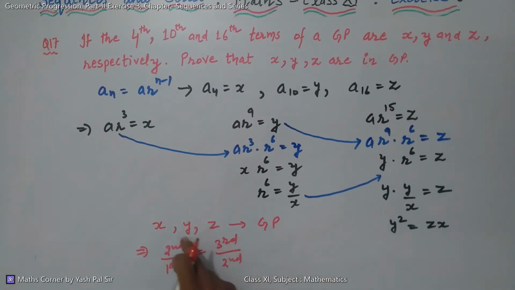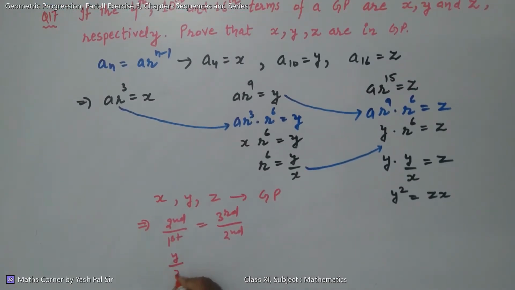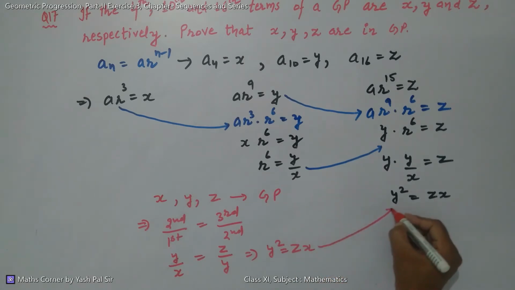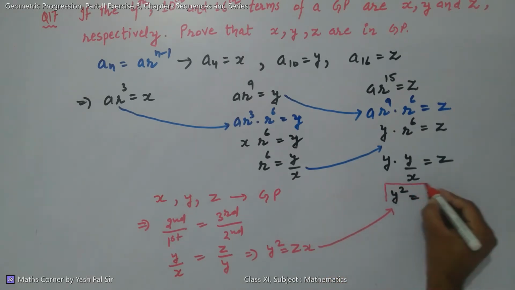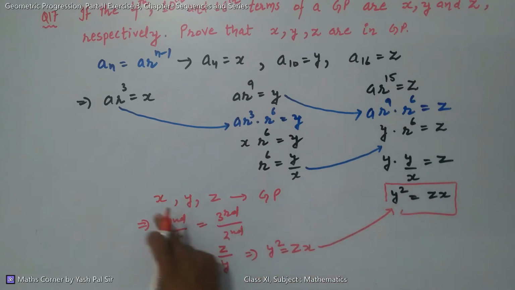What is the second term? This is y. y upon first term x is equal to third term z upon second term y. So this gives y square is equal to zx. So this is what we have proved. So we can say that x, y, z are in GP.